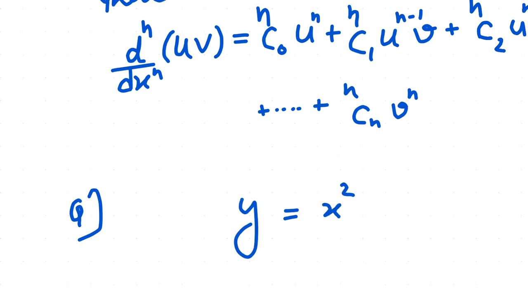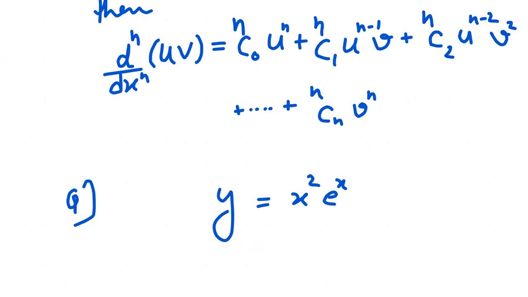So how do we decide which should be the first or the second function? Obviously, we are taking the derivative of u in decreasing order and the derivative of v in increasing order. So we will choose v as the one whose derivative will become 0 soon. The derivative of e to the power x will be e to the power x itself, so if we take that as v, it will repeat and we need to take lots of terms.